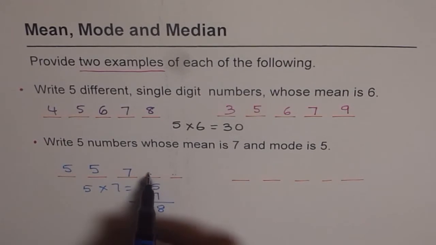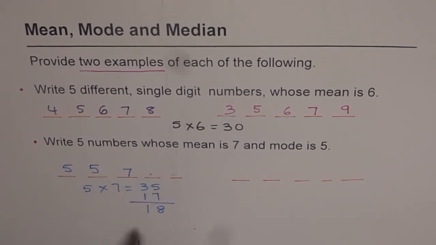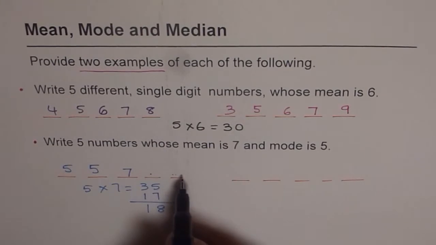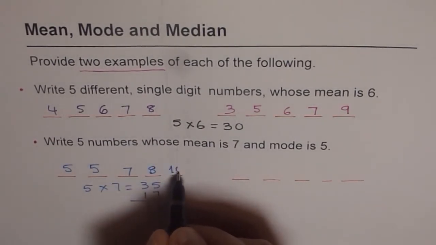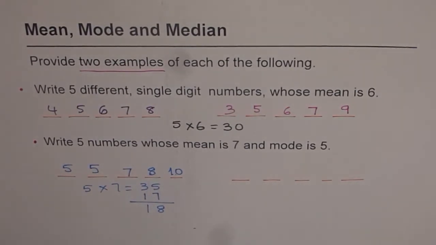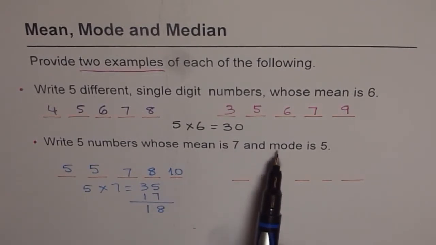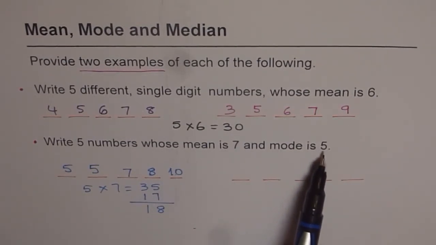And you should not write 9 and 9. Then the mode will be 5 and 9 both. So except for 9 and 9, you can use any other combination, correct? You can use 10 and 8, right? So let's write 8 and 10 as our answer, correct? So that way you get 5 numbers whose mean is 7 and whose mode is 5, correct?